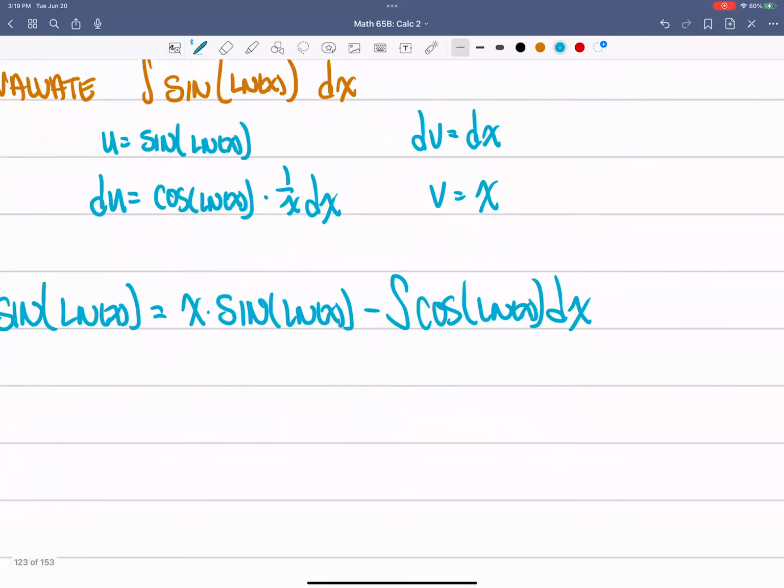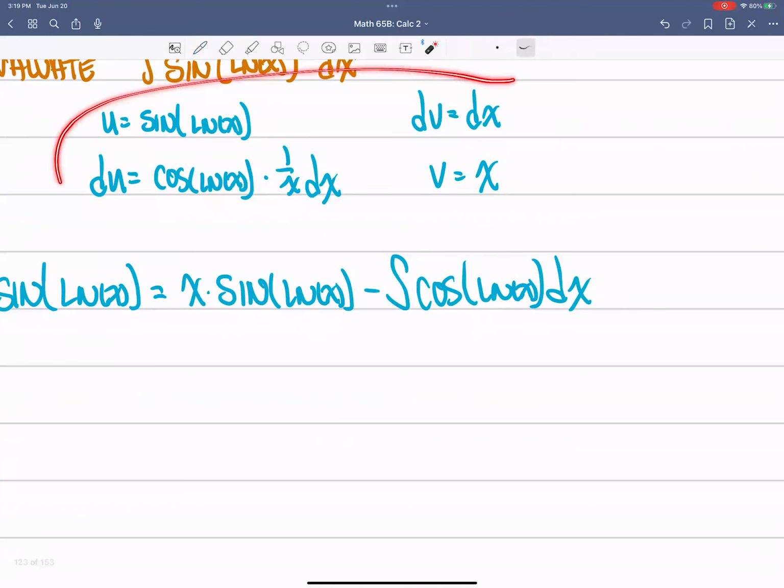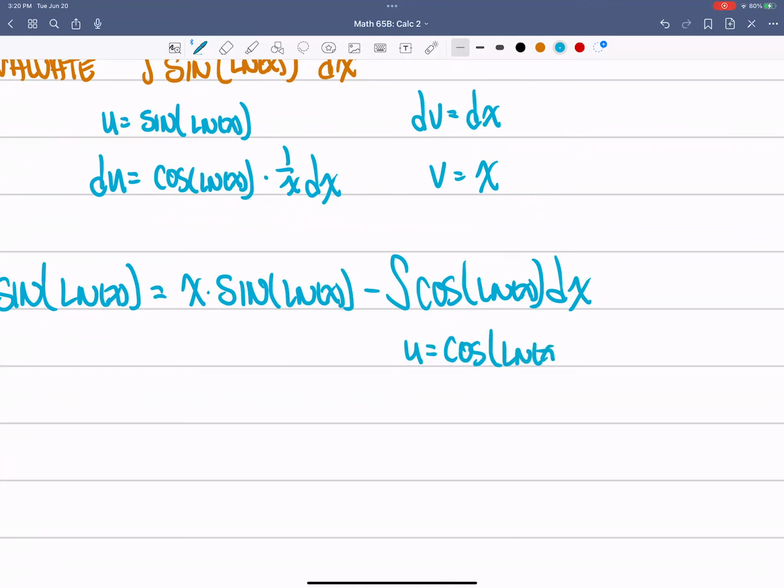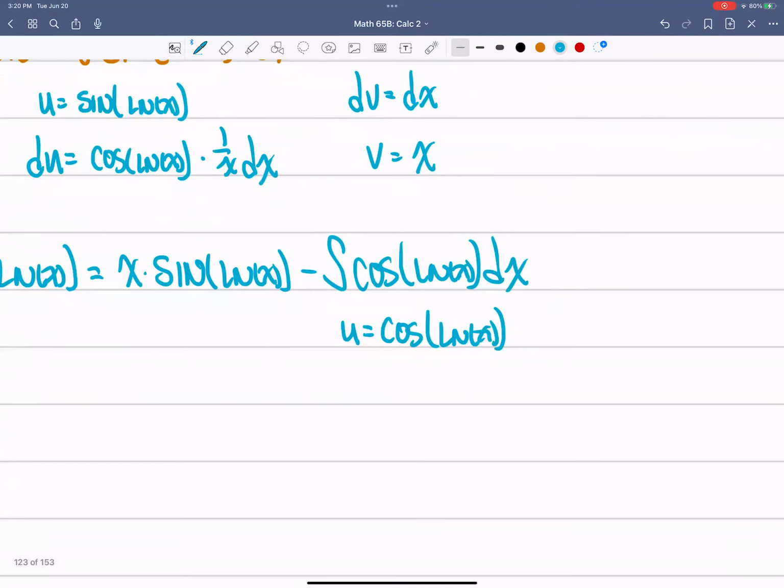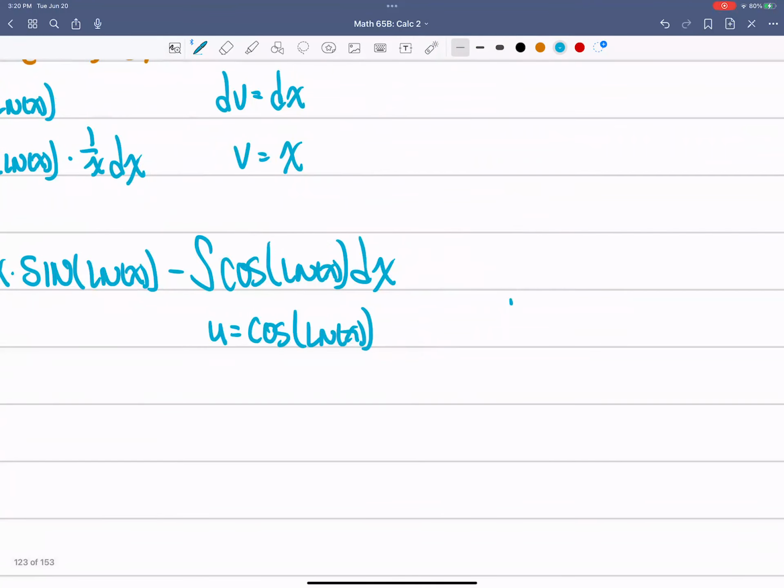Not much has changed, so we're going to do something similar to what we did up here, but instead of sine this time, it's going to be cosine. So we're going to let u equal cosine of ln of x, and we're going to let dv equal dx.